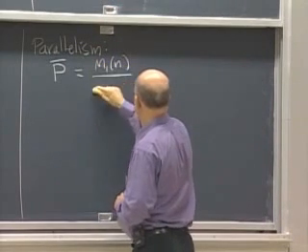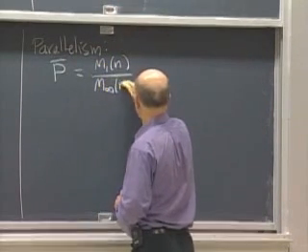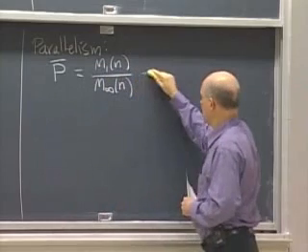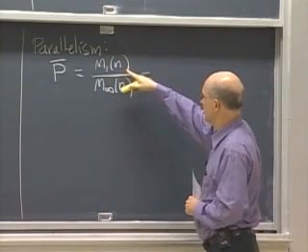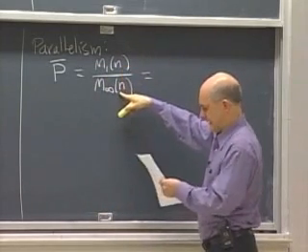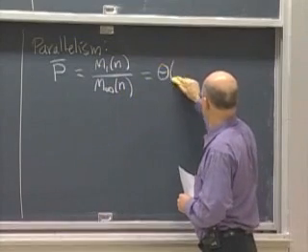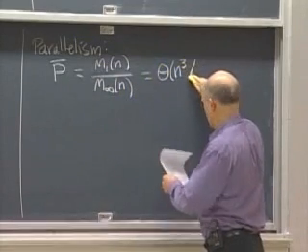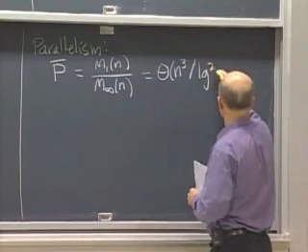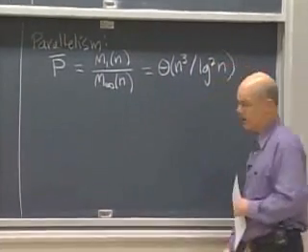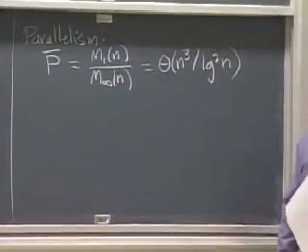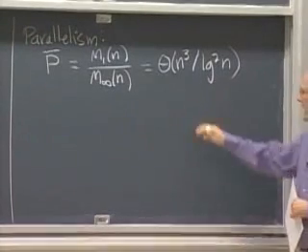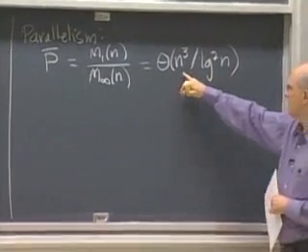So it's M1 of n divided by M infinity of n. And that's equal to n cubed over log squared n. Okay? So this is the parallelism.